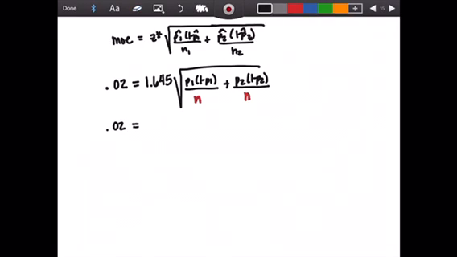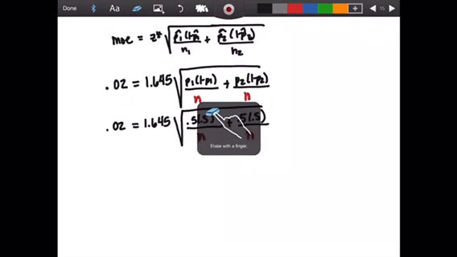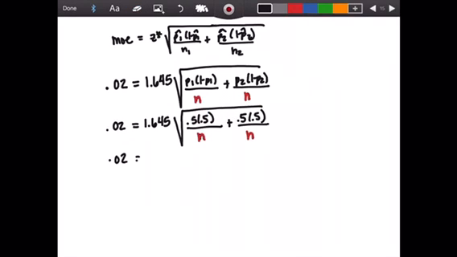We said before when we were dealing with one sample proportions that if we don't know the proportion, we use 0.5 to give us our estimate so that we could calculate the sample size. So this would be 0.5 times 0.5 over N, plus 0.5 times 0.5 over N. Well, now we're just going to do a little bit of algebra here. 0.02 equals 1.645.